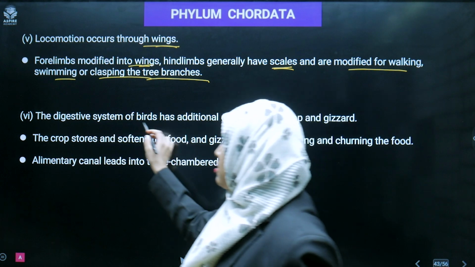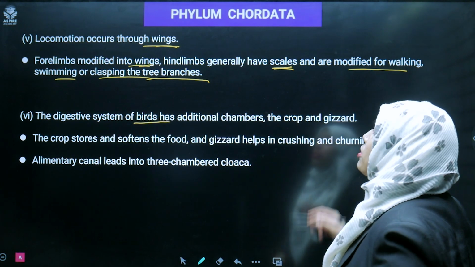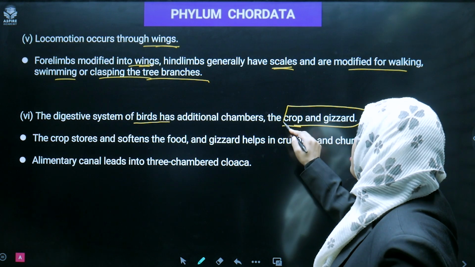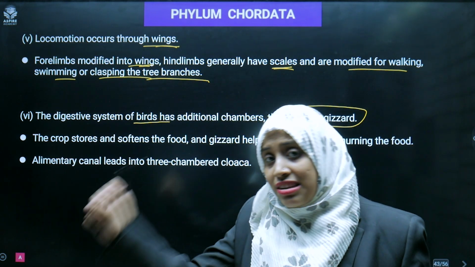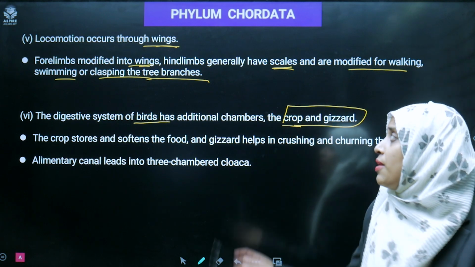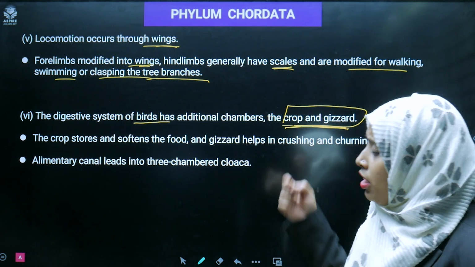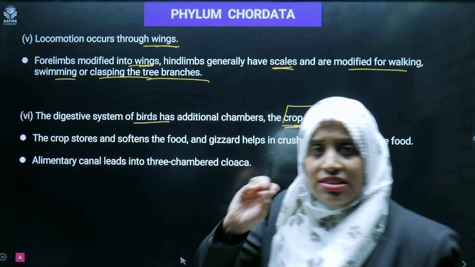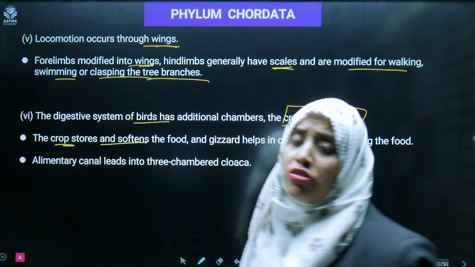The digestive system of the bird has one additional chamber, known as the crop, and the gizzard. Yes, a very important characteristic feature of the digestive system of birds is that they have a crop and gizzard. The crop, a part of their digestive system, stores and softens the food.